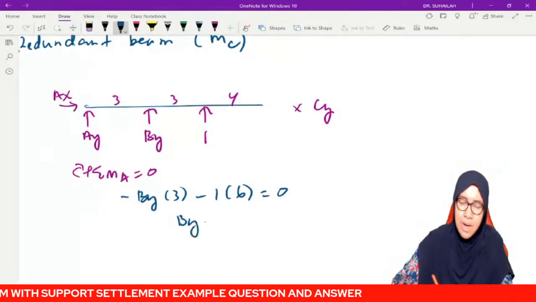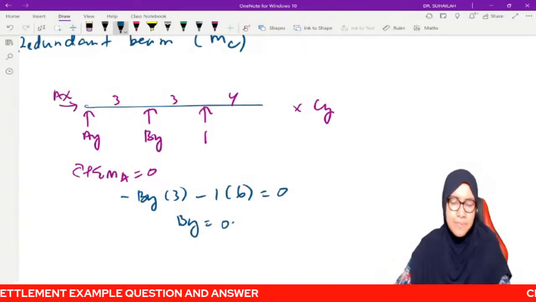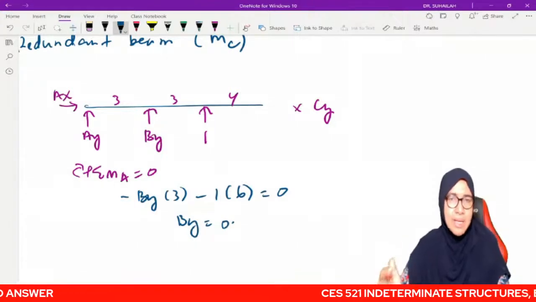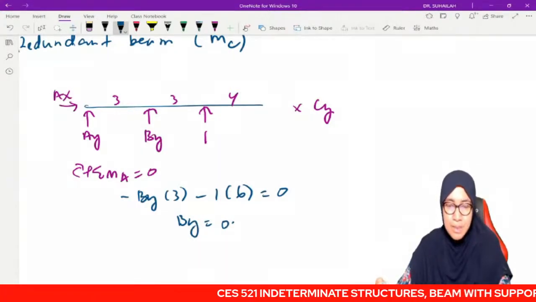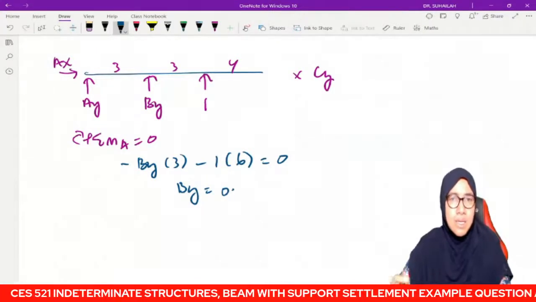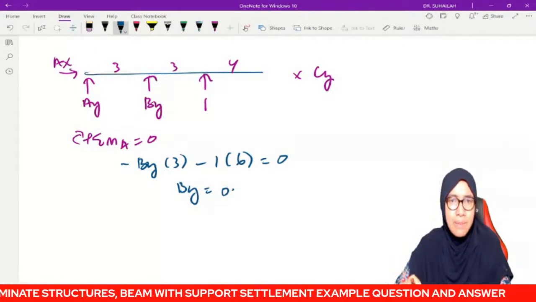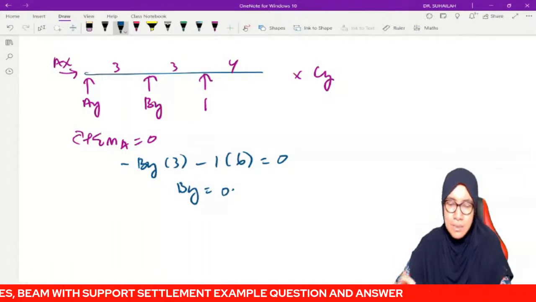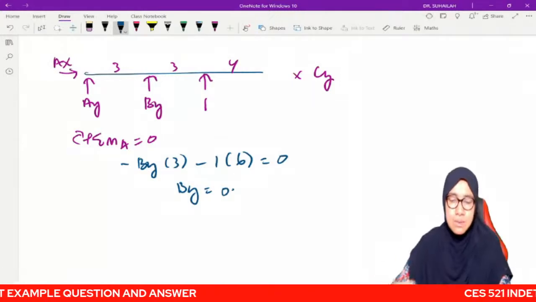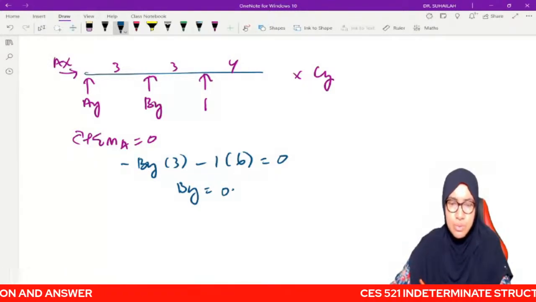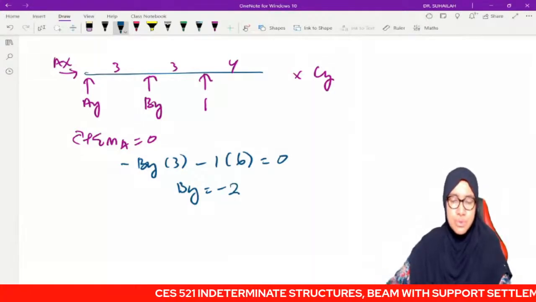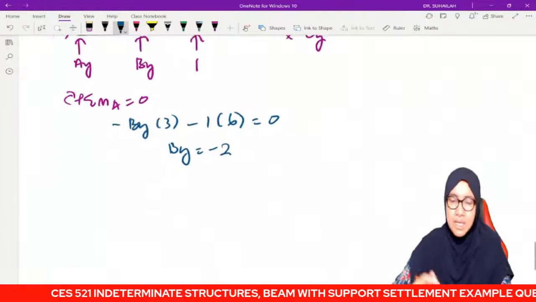So BY equals 6 divided by 3, equal to 2, so the value is negative 2.